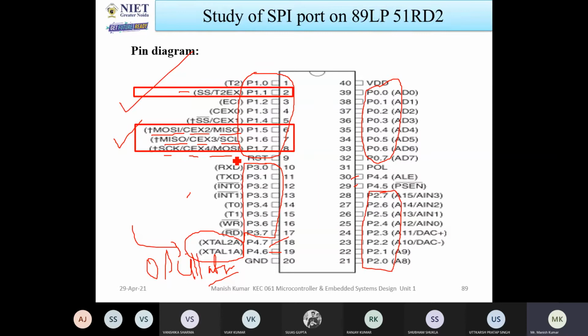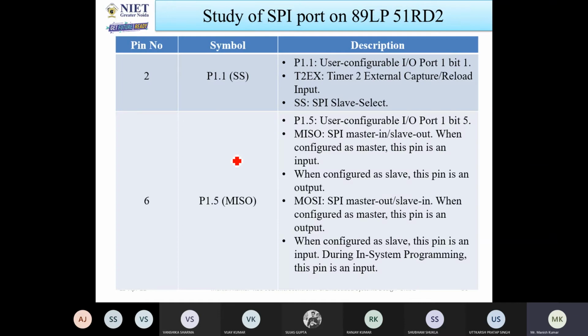So with the help of these 4 pins, you can interface any devices with a serial communication protocol. So now we will see the 4 pins one by one individually. The first is pin number 2. Pin number 2 is P1.1. That is called SS. It means slave select line or slave select pin.